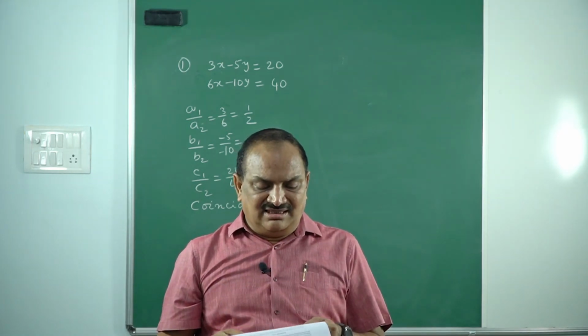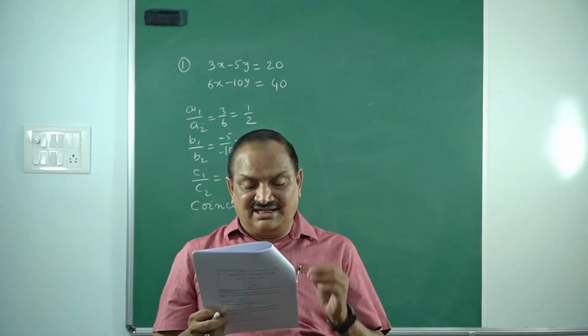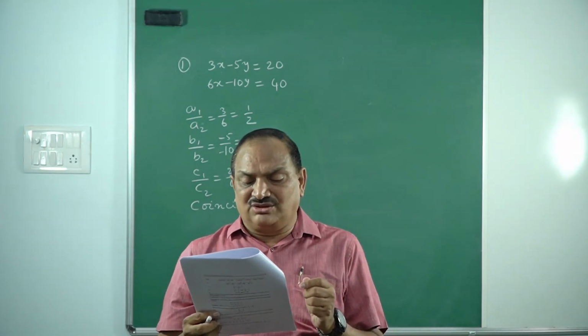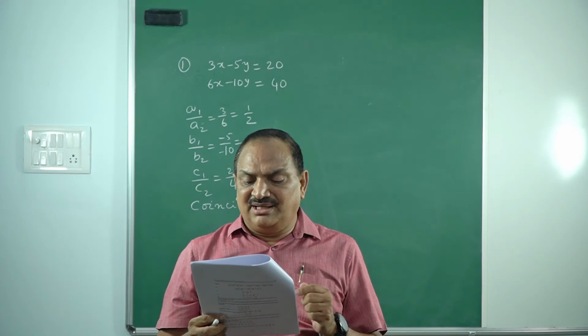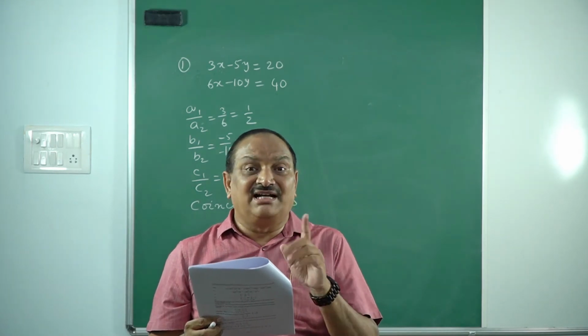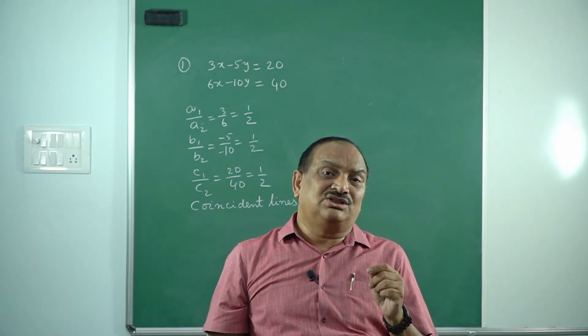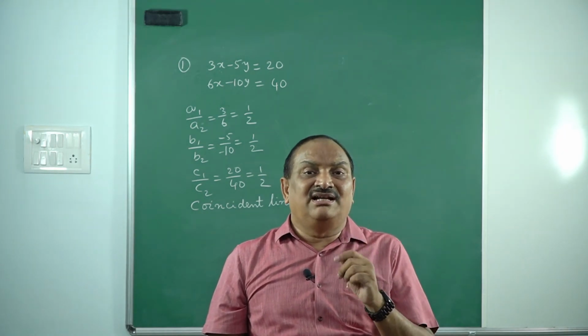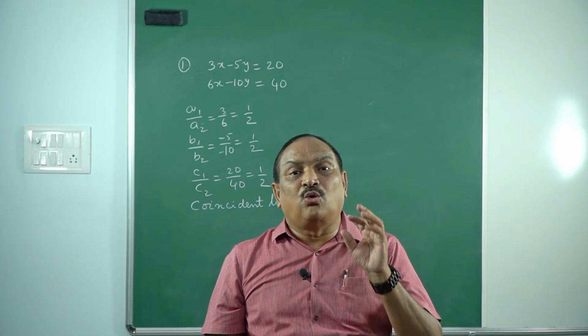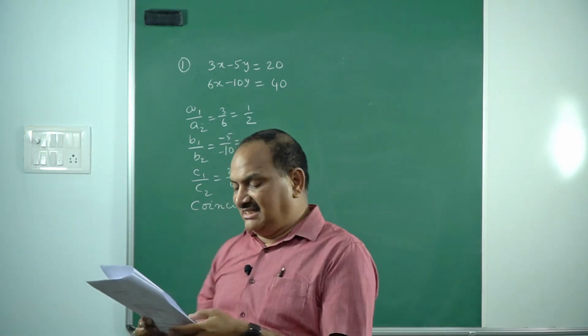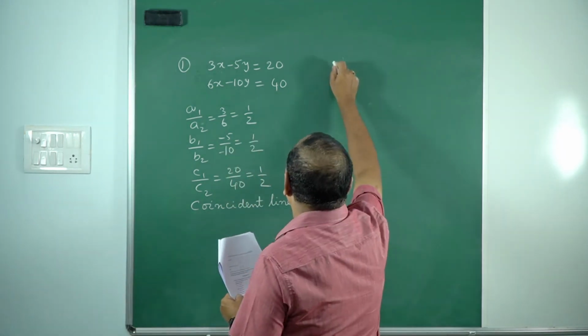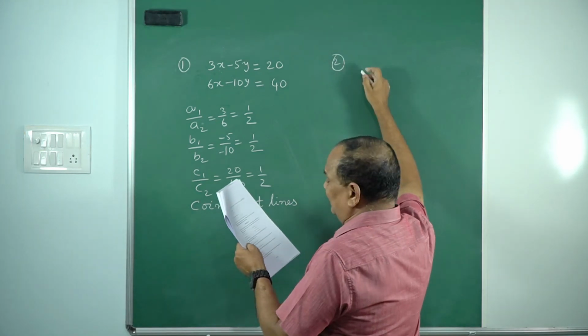Then the second one, the first bit is a very interesting one. For what values of A and B does the following pair of linear equations have an infinite number of solutions? If you want infinite solutions, you should have coincident lines. That's it. Let us start working out the second question.